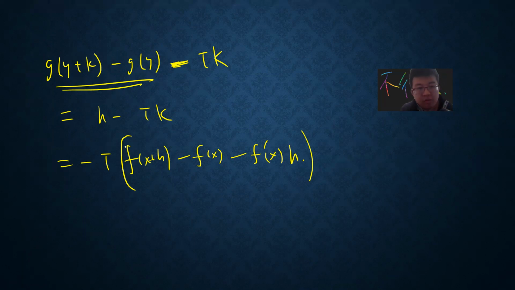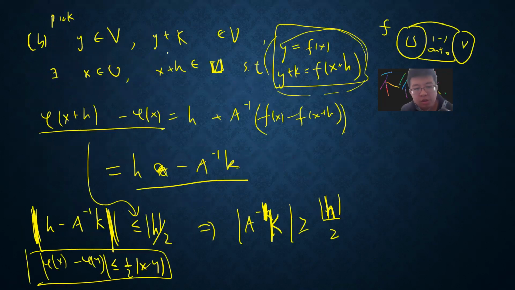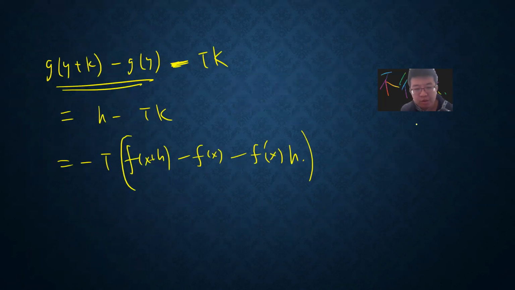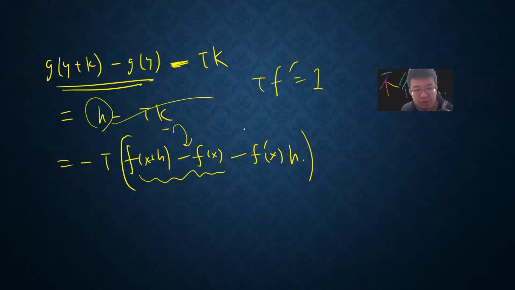So h minus t k. You can see that for y plus k, k is basically f of x plus h minus f of x, so you can just plug this in. And t is the inverse of f prime, so t f prime is 1.